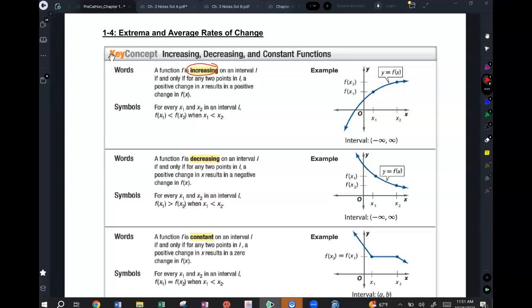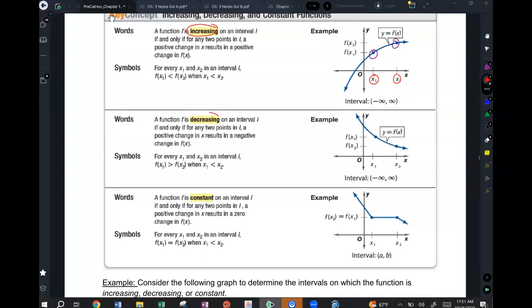And if x2 is greater than x1, then f of x2 has to be greater than f of x1. That means that the function is increasing on that interval, right? So if on an interval, for each set of 2 points, f of x2 is bigger than f of x1, then it's increasing.